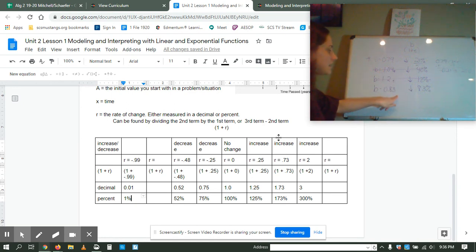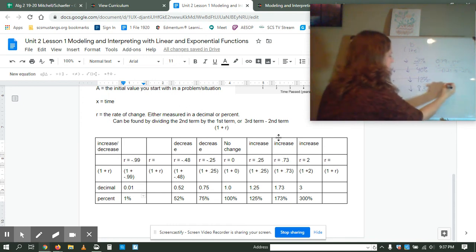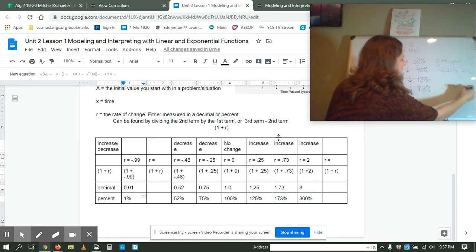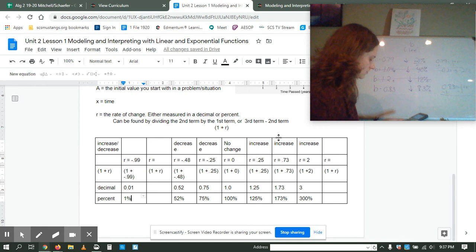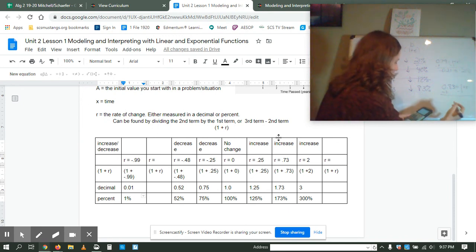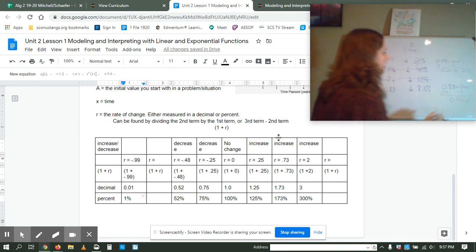So the only possibility left is going to be this last one that we have here. If I do the same thing and say, okay, I want to see this b value that I have, 0.83 is equal to 1 plus r. Subtract the 1 from both sides. So 1 minus 0.83, and that's going to give me 0.17 for my r.